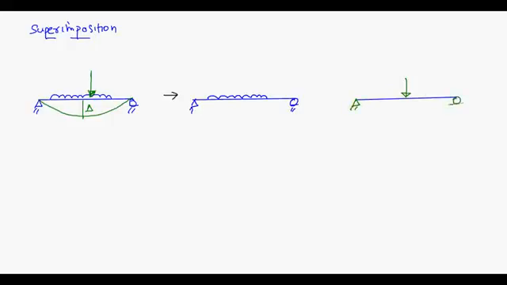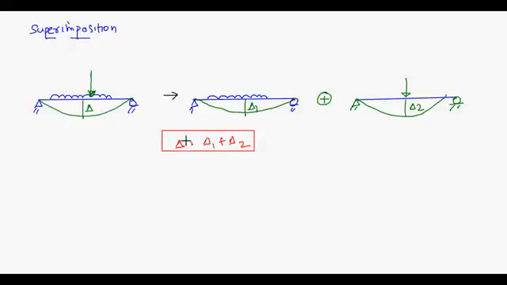Can I do this? Of course I can. Now I calculate the deflection from here, suppose it is del 1, and from here, suppose it is del 2. Then I can write del is equal to del 1 plus del 2. This is the theory of superimposition, and this is how you do it.